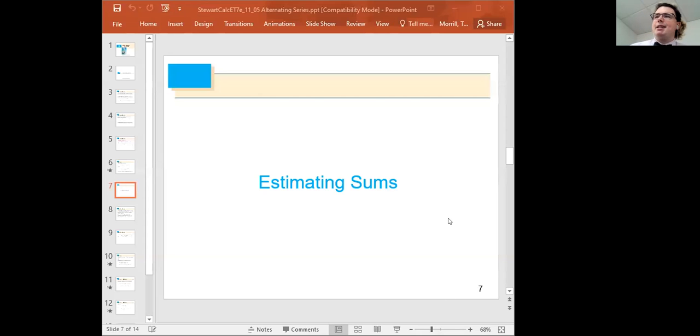Now, one of the very nice things about alternating series is that this is a series where we can easily estimate what the limit is going to be. We can try to figure out what number this infinite sum should be converging to.